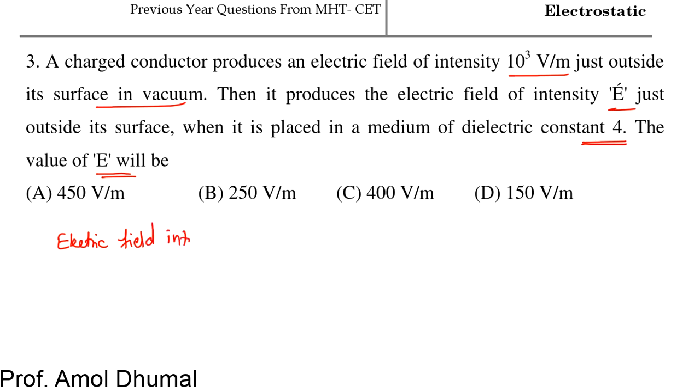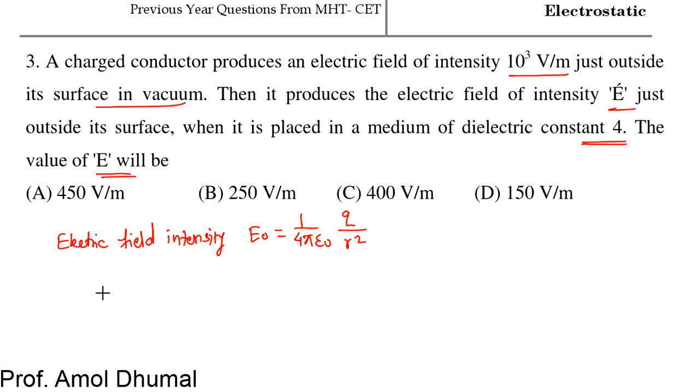The electric field intensity is given as E0 equal to 1 upon 4 pi epsilon 0 Q upon R square. So this is the equation for electric field intensity.